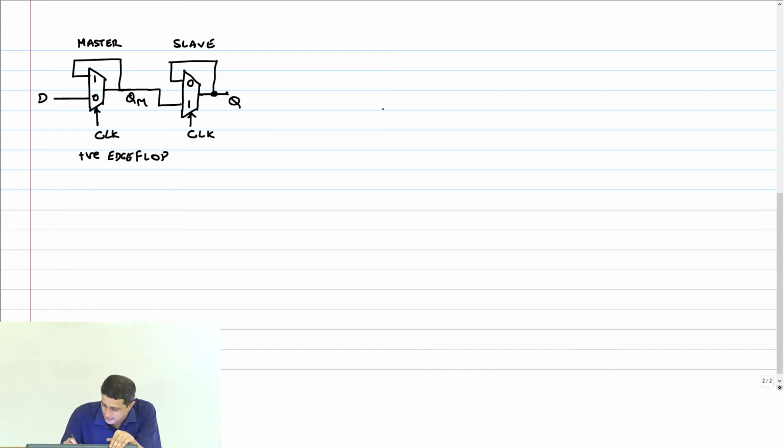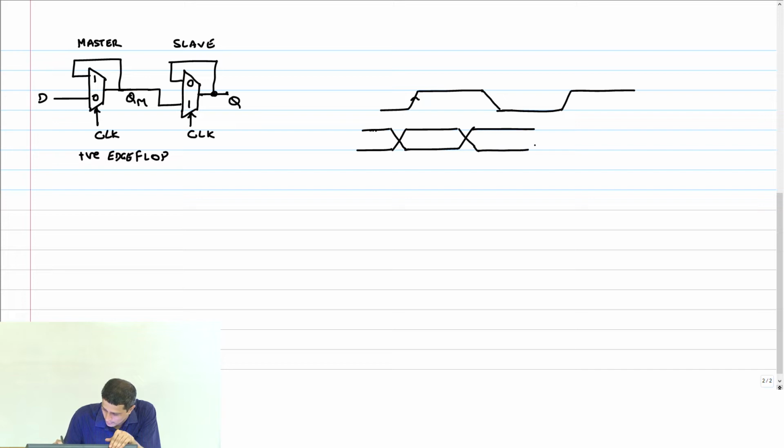Okay, so let's assume my clock is like this. And my D as usual makes some transitions before the clock, after the clock, and so on. I'll make some transitions here.